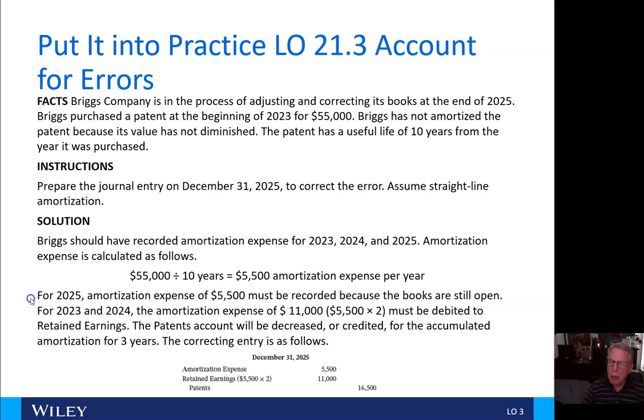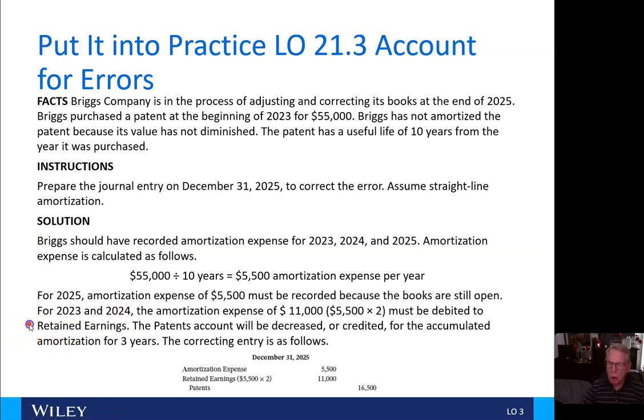So for 2025, the amortization expense of $5,500 must be recorded because the books are still open. For 2023 and 2024, the amortization expense of $11,000, that's $5,500 times 2, must be debited to retained earnings.